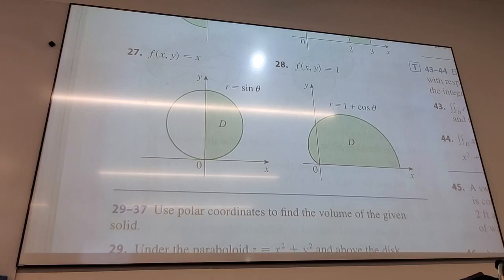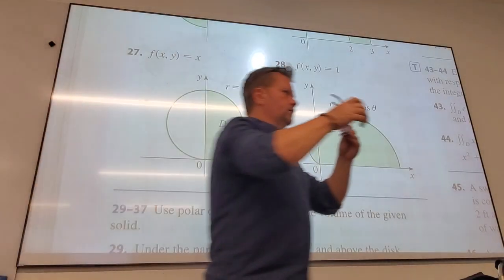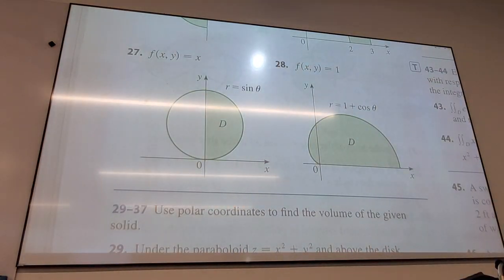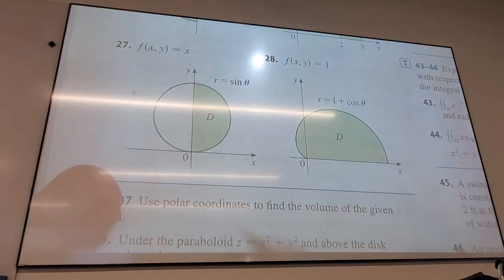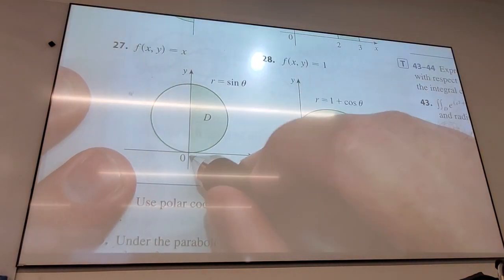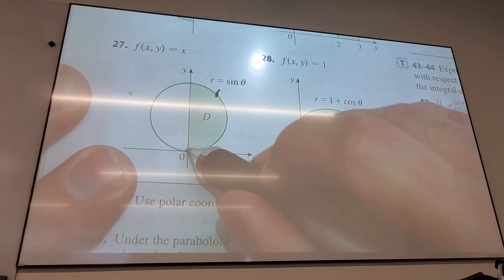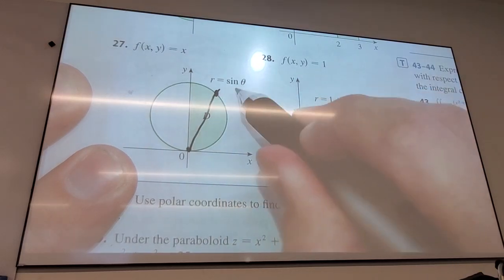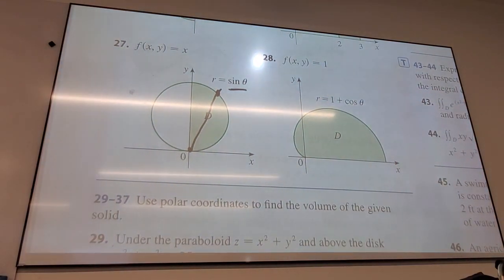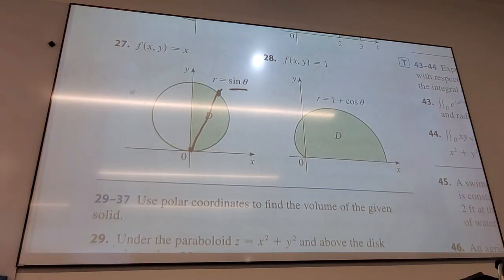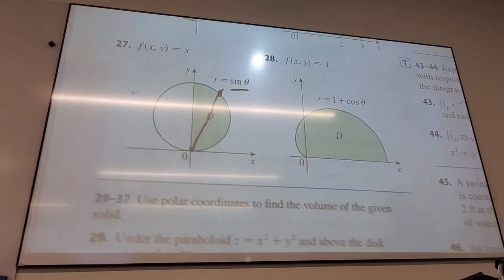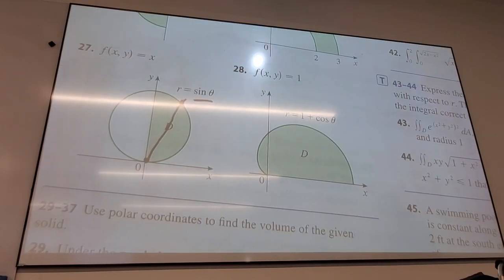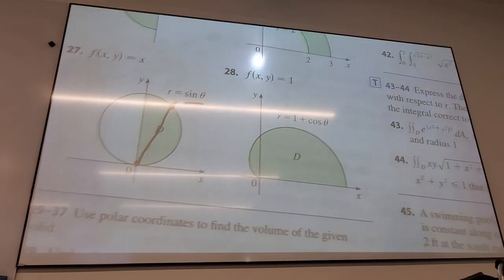What is r going from to? So pick an angle. If I pick an angle to look at, r goes from 0 to this wall, and this wall is sine theta. Yes? Okay. So what would that interval look like then?